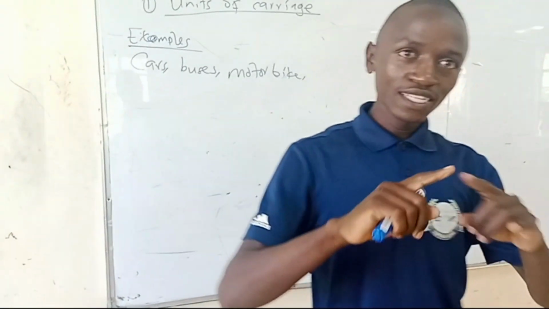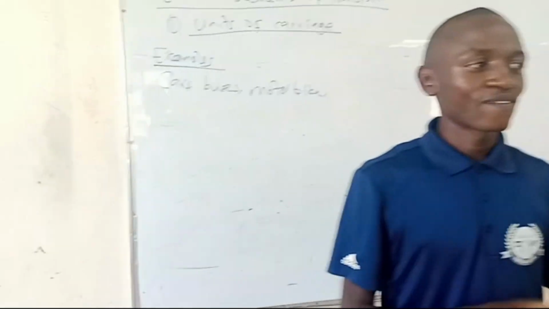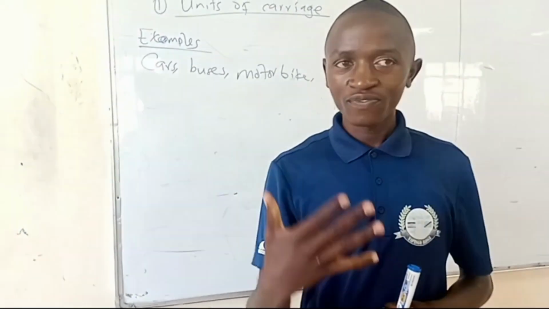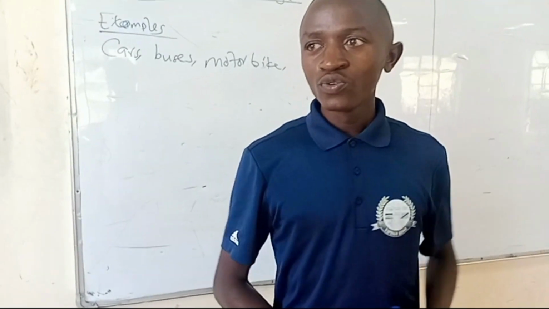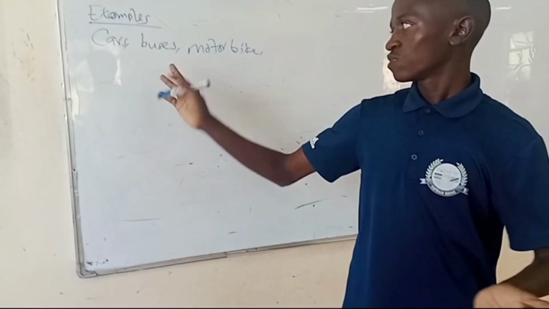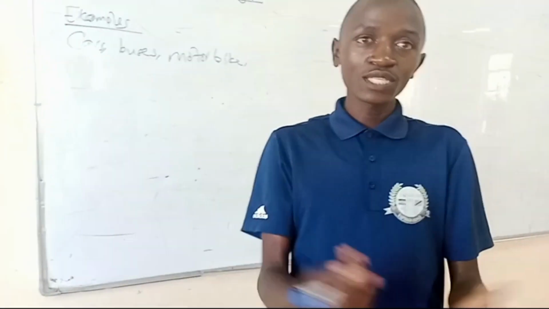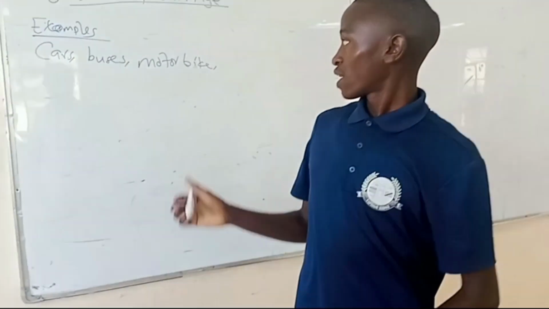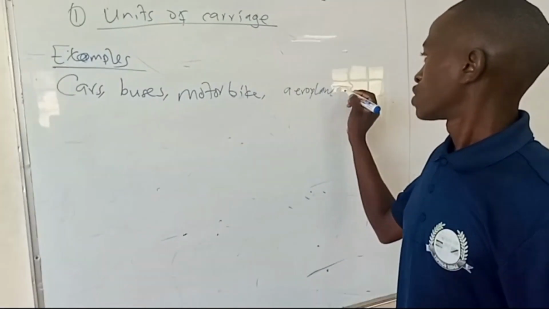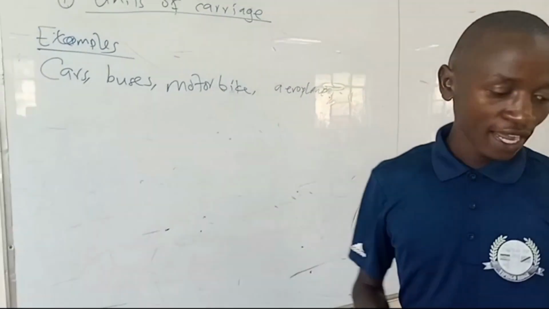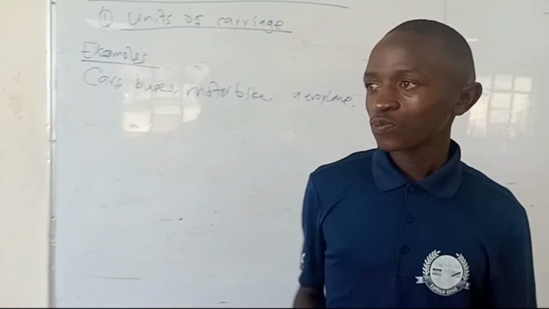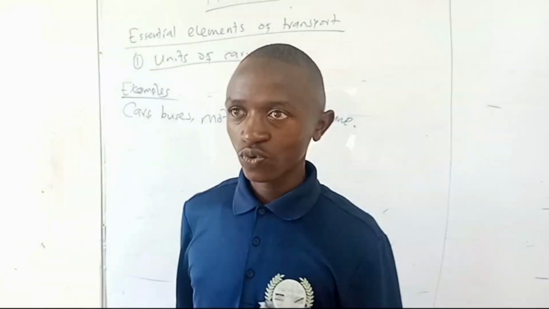For example, some things are very perishable. If you want to transport tea from Kenya to the USA, you cannot use a car, a bus, or railway transport. You will use an aeroplane. This is another unit of carriage used to transport goods and people from one place to another.